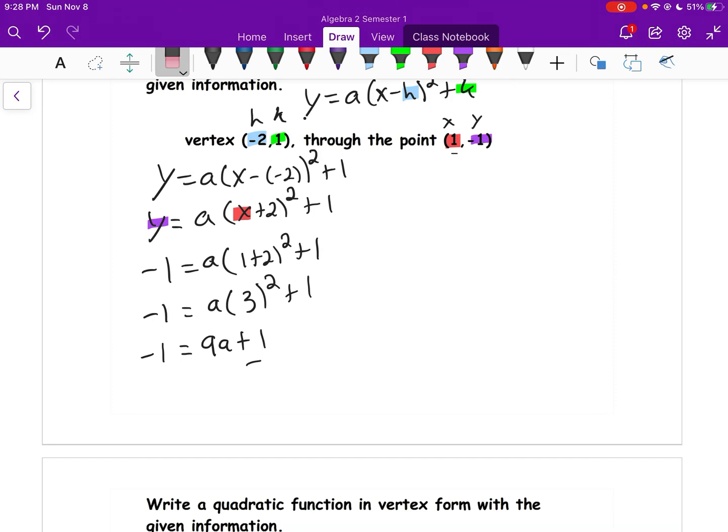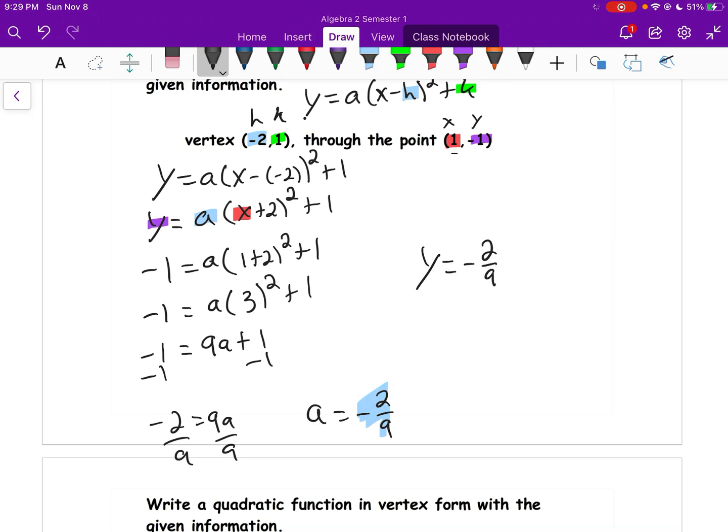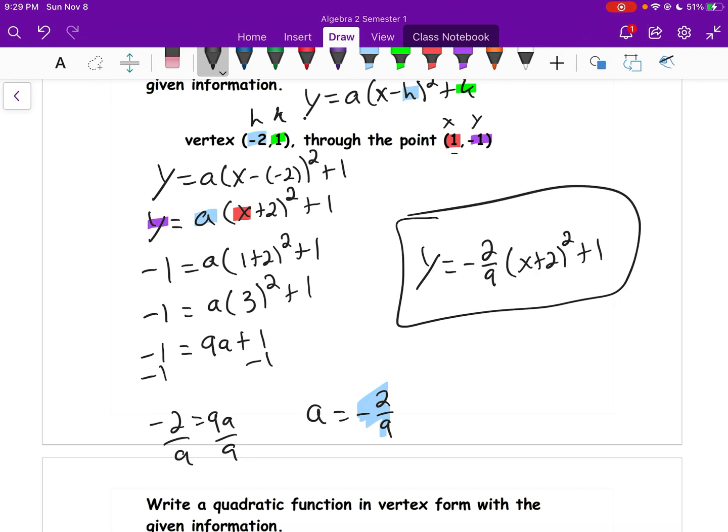Subtracting 1 over, we get negative 2 is equal to 9a. Divide by that 9, we get a is equal to negative 2 ninths. So in our last step, we take that a value and plug it into a. So our final answer then, y is equal to negative 2 ninths times x plus 2 squared plus 1.